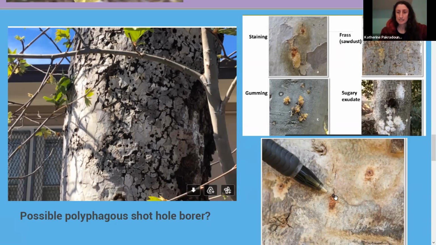And remember I said it's like a medium point ballpoint pen size. You want to put that tip right up to the hole and see if they're identical in size. And if they are, then you're pretty guaranteed that it's a shot hole borer. If it's much bigger or much smaller, you're looking at a different kind of insect that may or may not be an issue to the tree. So this one requires a little bit more investigation, I would say.